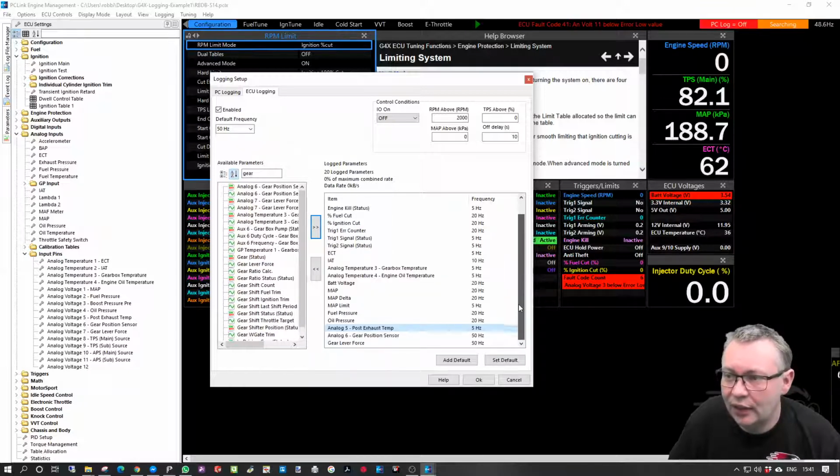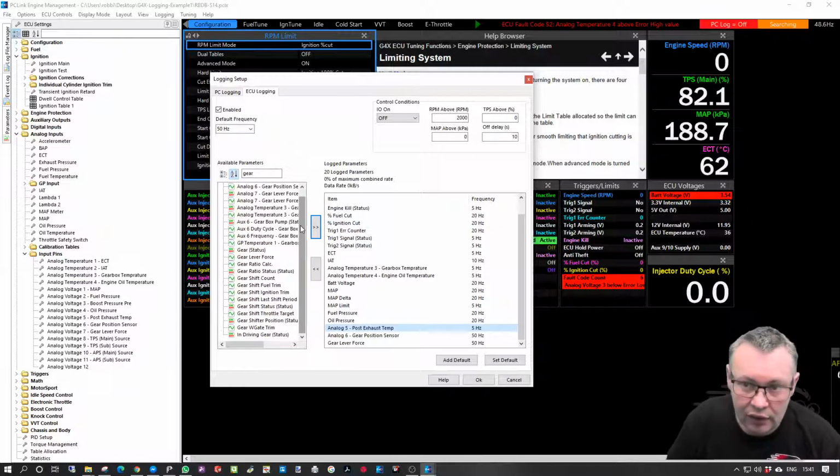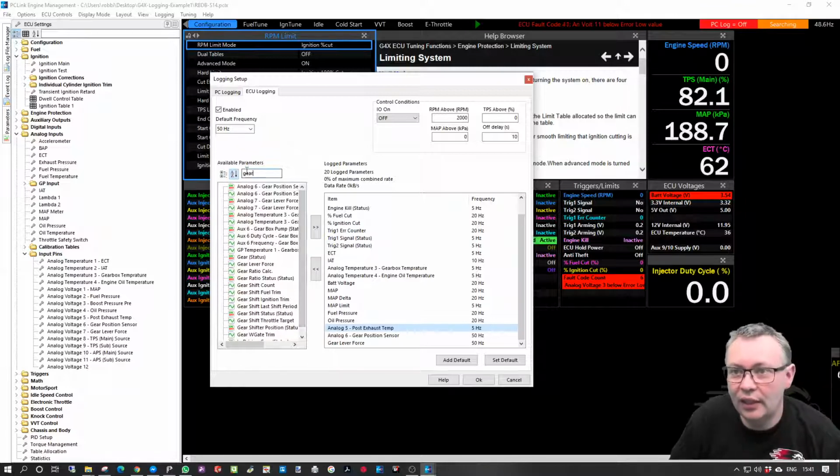That will allow us to see when the stick is pulled relative to how the barrel turns, and then because we're looking at ignition cut and fuel cut, and we can also log the gear cut parameters, we'll be able to see when and where it's gone in and out of gear, and whether it's done it with the power on or power off for the dogs in the gearbox, and make sure that everything's okay.